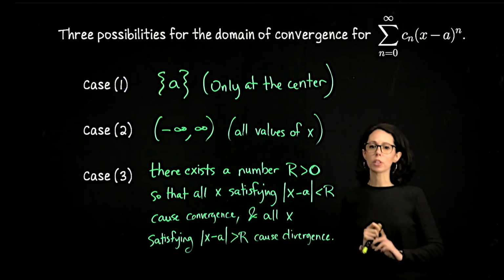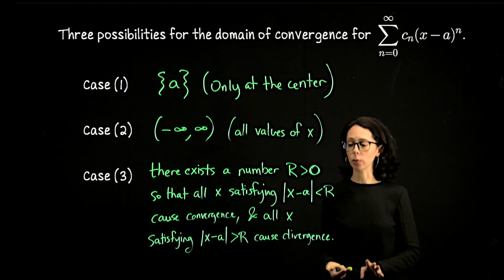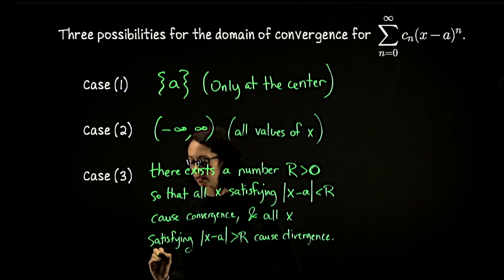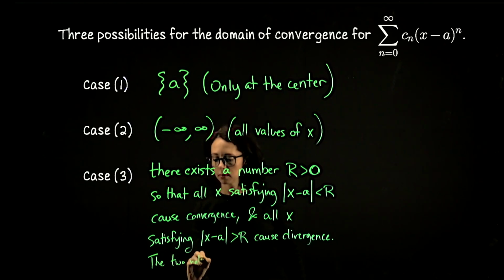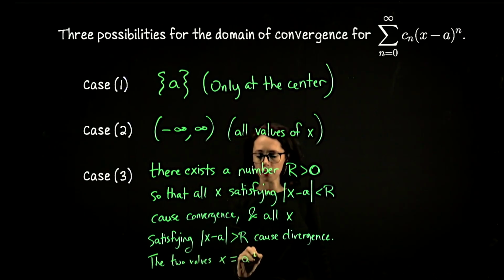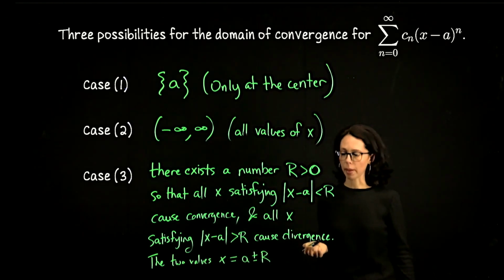That's the situation that we just saw in the previous example where the ratio test is inconclusive and we check it manually. So let's see if I can squeeze it down here. The 2 values of x equals a plus or minus r must be checked manually.